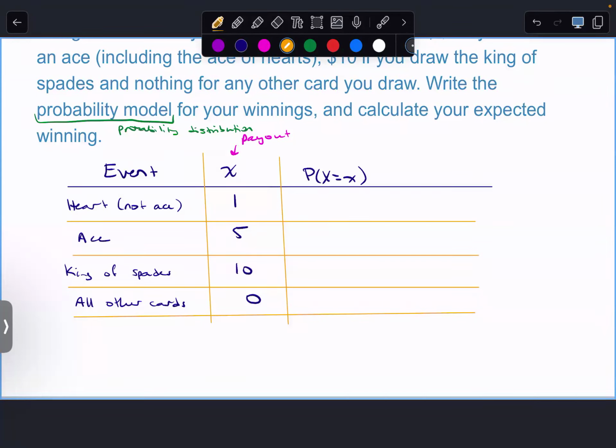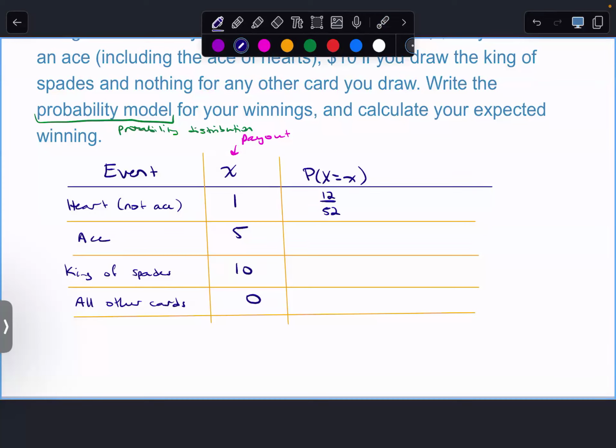Okay, this is where the first part of the chapter comes into play, right? How do I find the probability of drawing a heart that's not an ace? Remembering I have 52 cards in a deck and I have 13 hearts, but I extract the ace. And so the probability of a heart that's not an ace is 12 over 52.